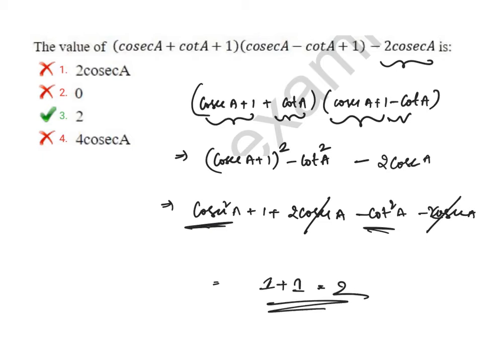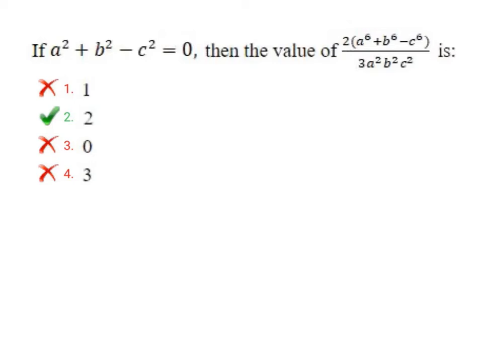That becomes 2. If a square plus b square minus c square is equal to 0, then find the value of the expression he asked. We know if x plus y plus z is equal to 0, then x cube plus y cube plus z cube is equal to 3xyz.